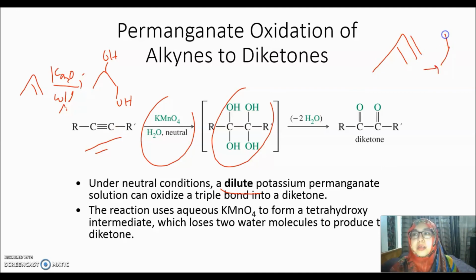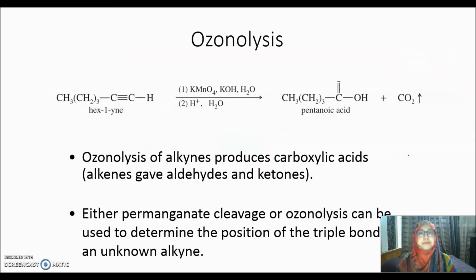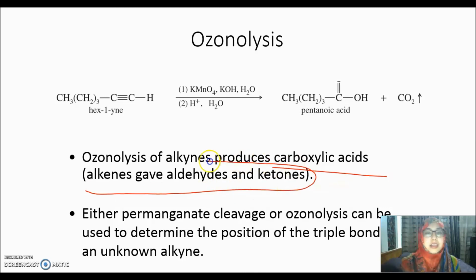What you will observe is something like that. Because this one is CH, you will observe something like that. This is in the case of diketone where you have a terminal alkyne. The example here is when you have alkyne in the middle, so of course you will have diketone.